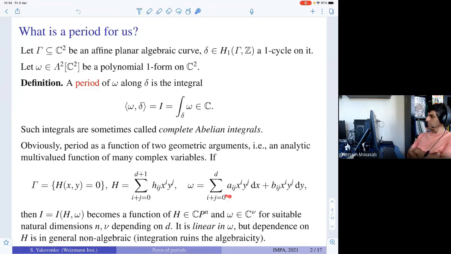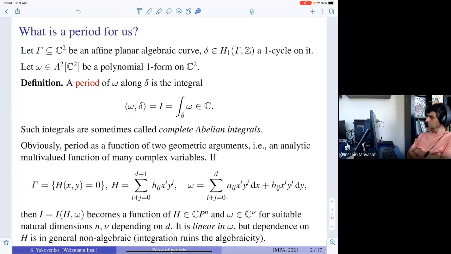For the same reason, we can take a polynomial form, and it will be parameterized by some complex affine space, a linear space of appropriate dimension. So we have, in fact, not just one single number, but a function of multiple arguments, two groups of complex arguments, one projective, one linear. Dependence on the form is linear, and so this is the easy part to study.